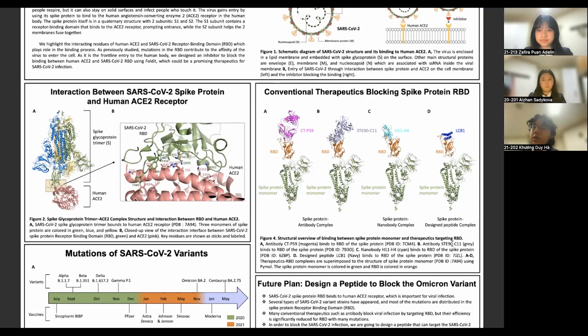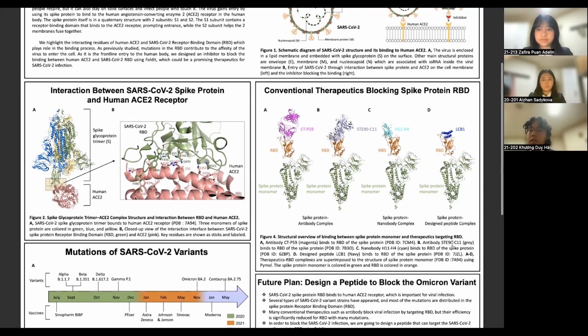The same goes for the next one. It's actually a nanobody complex, and the name is H11H4. The last one is a peptide, and all of them just bind to the RBD, because if the RBD is occupied, then it cannot bind to the ACE2, thus inhibiting the virus.